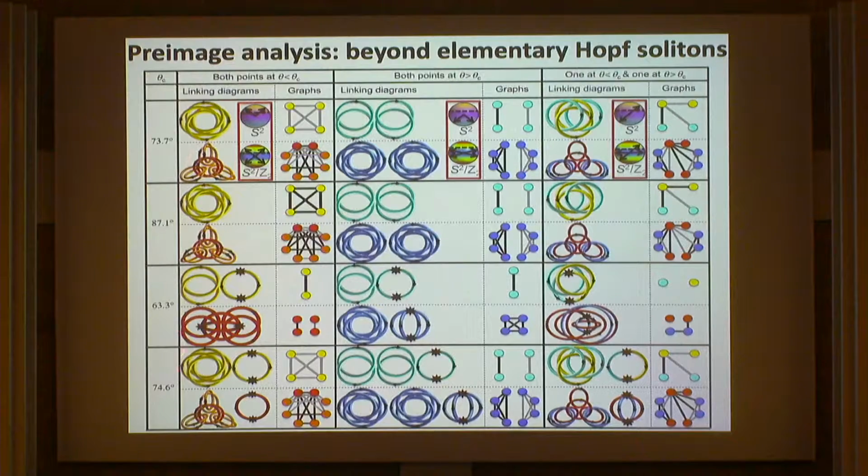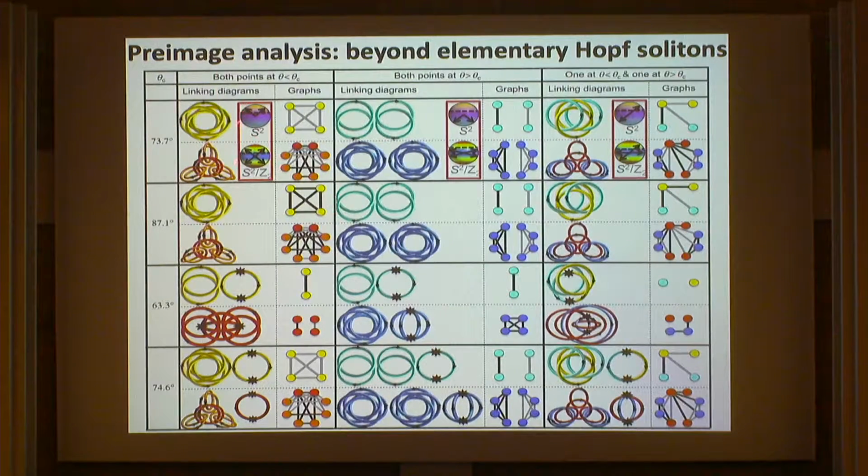And so, those different visualizations have either simplified linking diagrams of two preimages, as you can see them depicted in here. And also we can have them in liquid crystals and in liquid crystal ferromagnets.